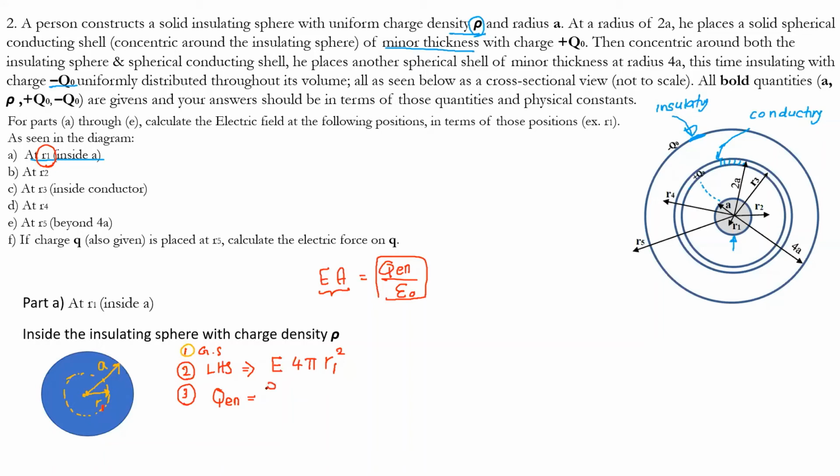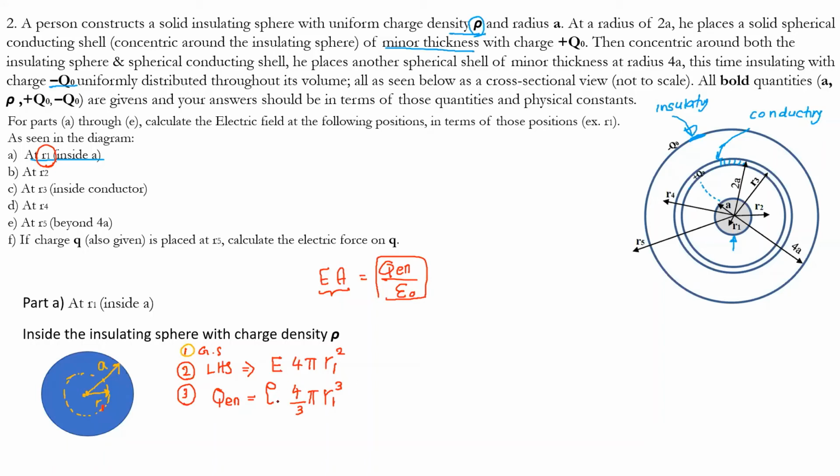So we use rho, rho times the volume. So what is the volume of your Gaussian sphere? 4 over 3 pi R1 cubed. So are you okay with the second and the third steps? You know how each and every term came, right? This is the volume.